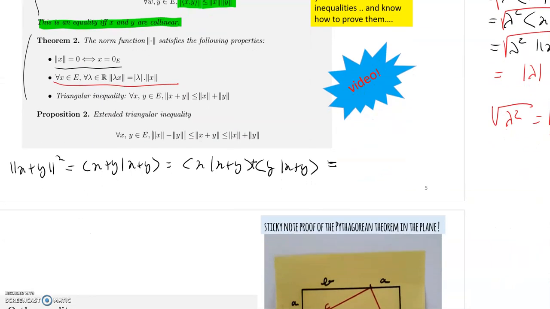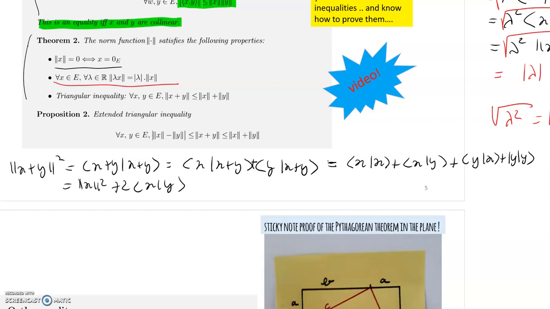So if I go on with this expansion, that's x with x, plus x with y, plus y with x, plus y with y. Which gives us the norm of x square plus 2 times the inner product of x and y, well, we've already done that one, plus the norm of y square.